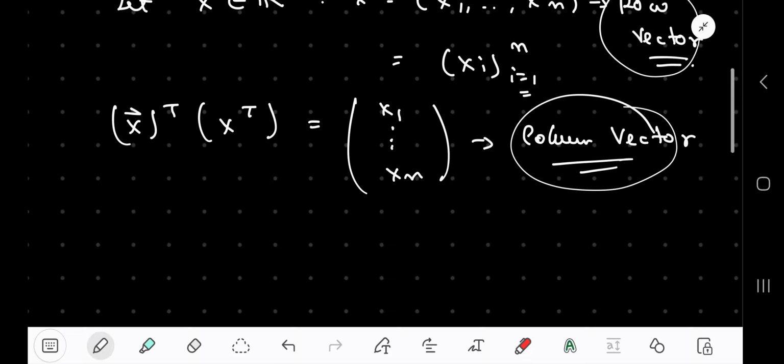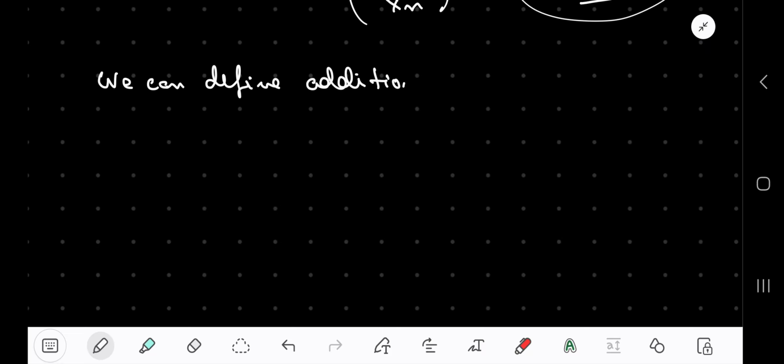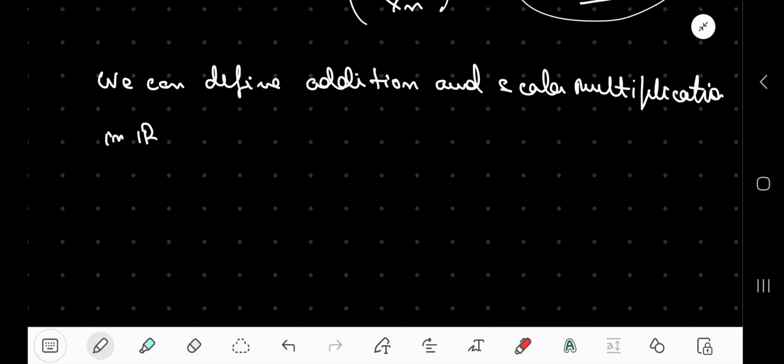The usual operations we can define are addition and scalar multiplication in Rn component-wise.